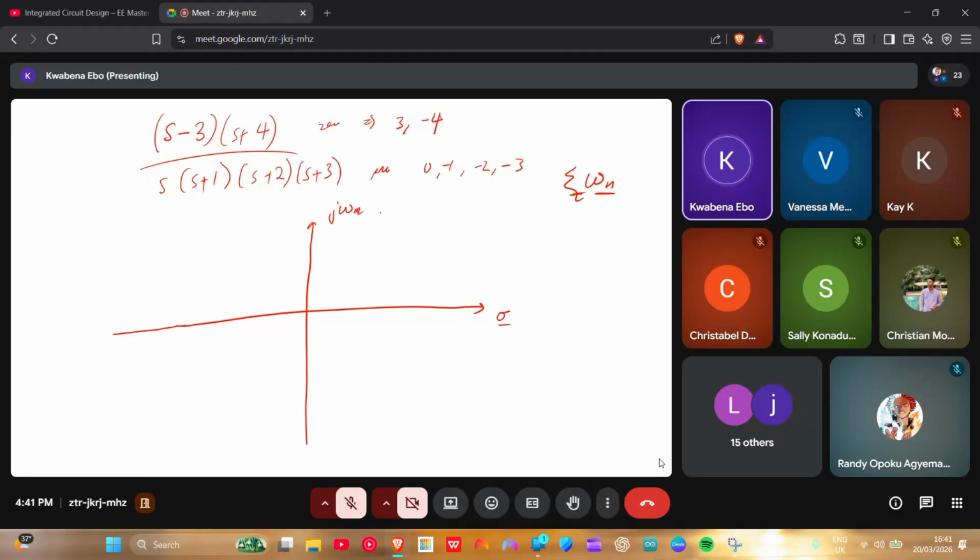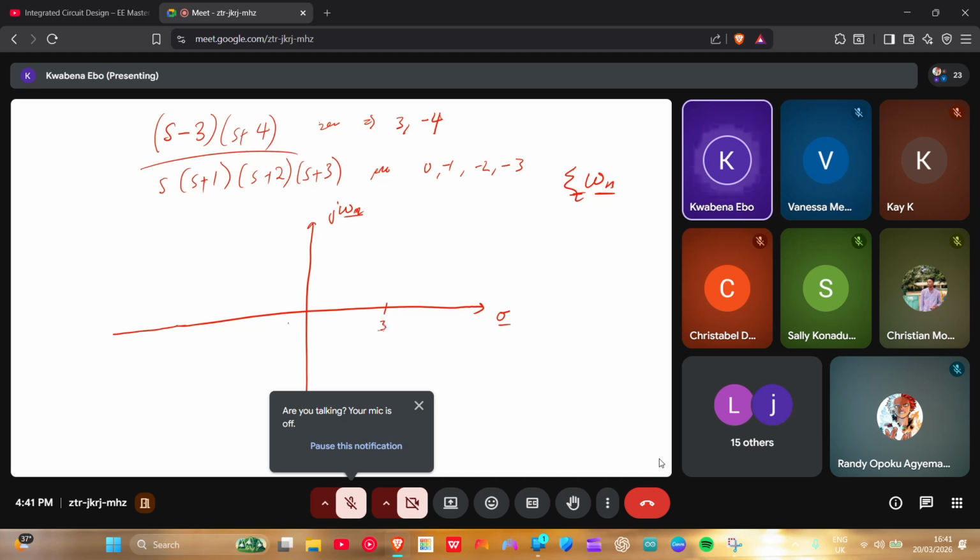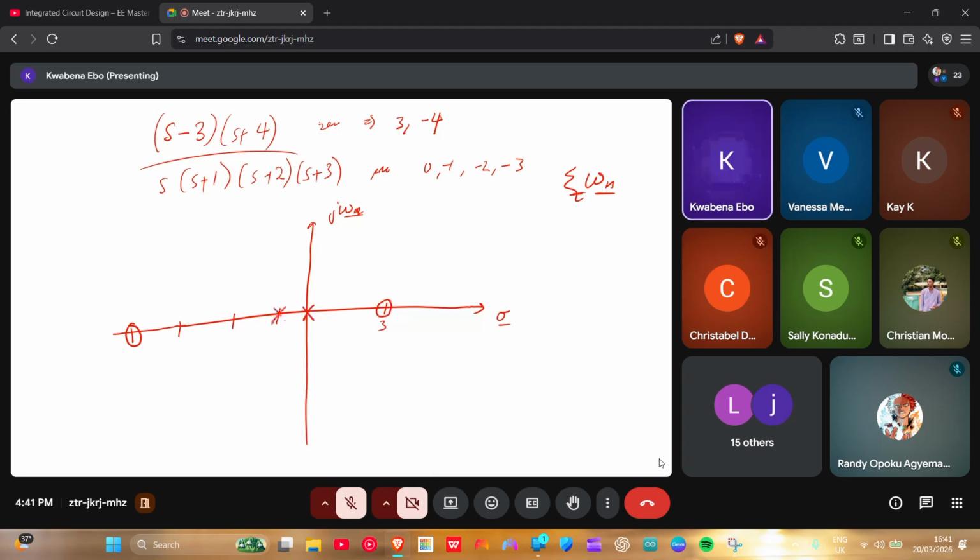So we have our zeros at 3 here and -4 here, and our poles at 0, -1, -2, -3. Now we know that two branches will go to infinity because we have four poles and two zeros.